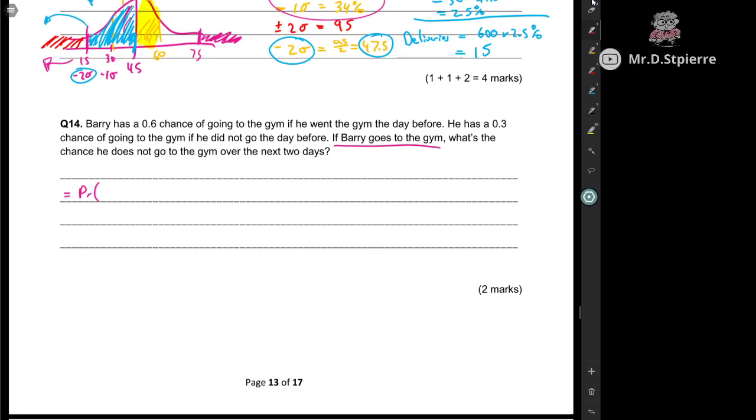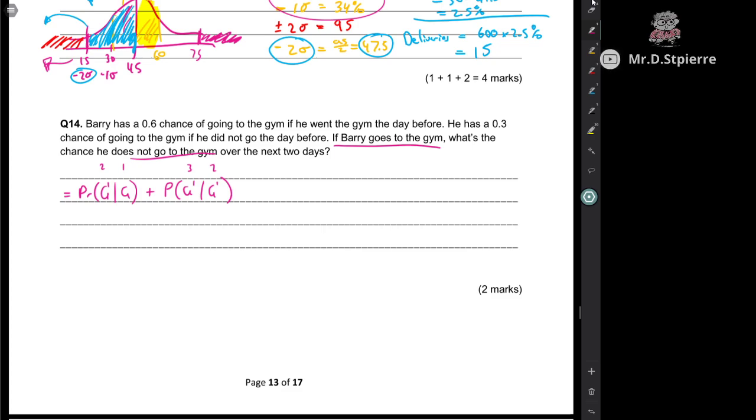I'm not sure how to write this with notation, but it's equal to the probability of not going to the gym, given that on day 1 he did go to the gym, plus him also not going to the gym, given he didn't go to the gym on day 2. So this is day 2, day 1, this is day 3, day 2. That's how you could sort of write it with notation. That's a little bit complex and could be confusing.